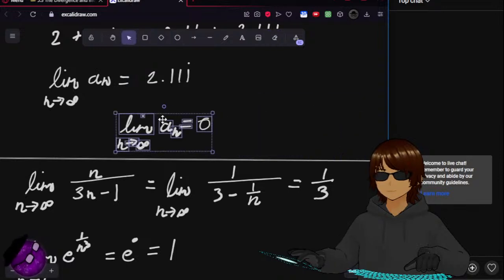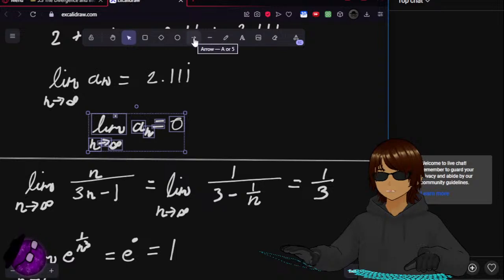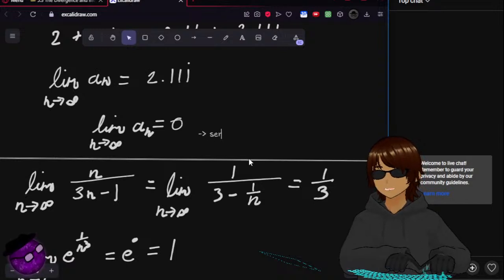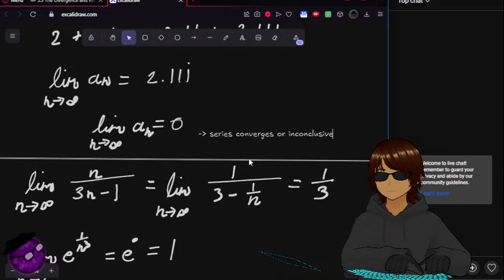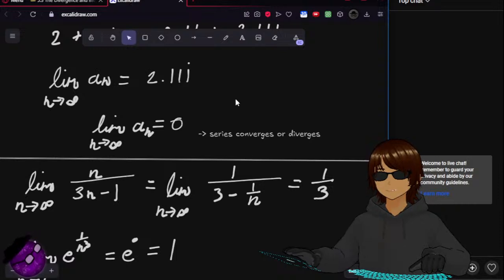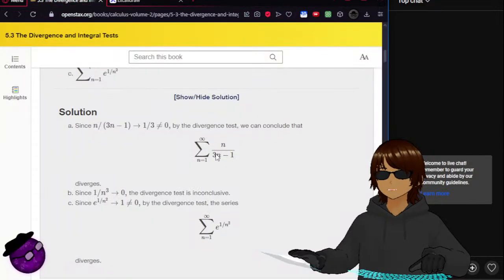If this is the case, then this implies the series converges or is inconclusive or diverges. If the series converges, then the limit of an goes to 0. But if the limit of an goes to 0, if we know this information, then the series either diverges or converges.